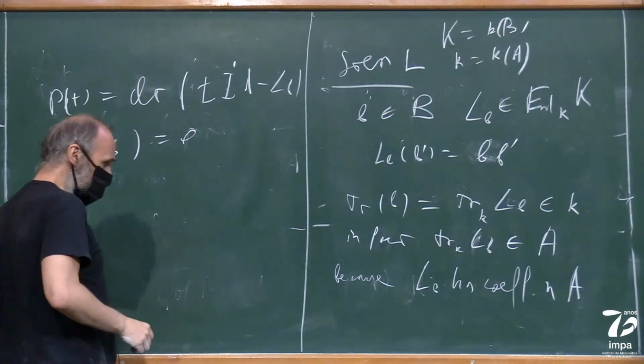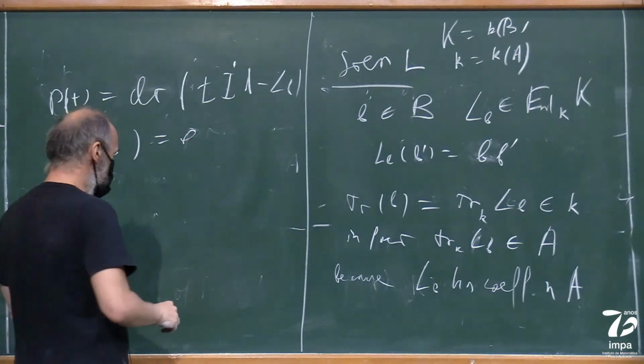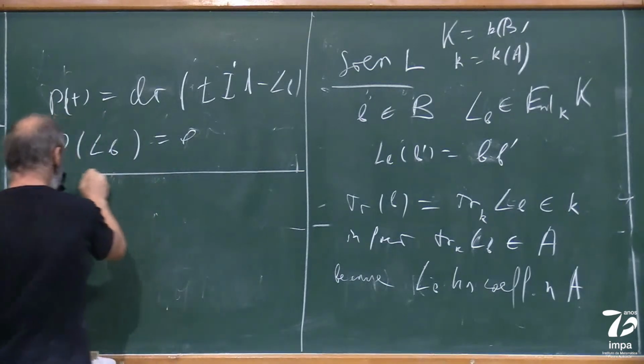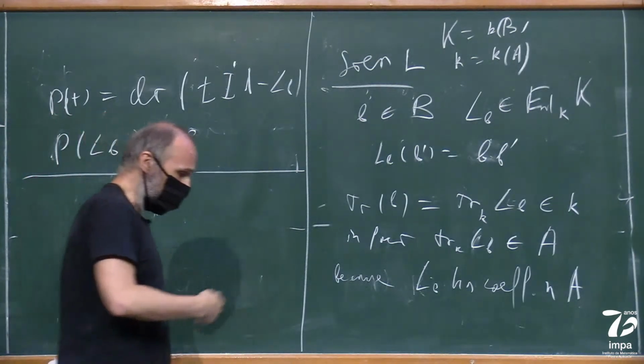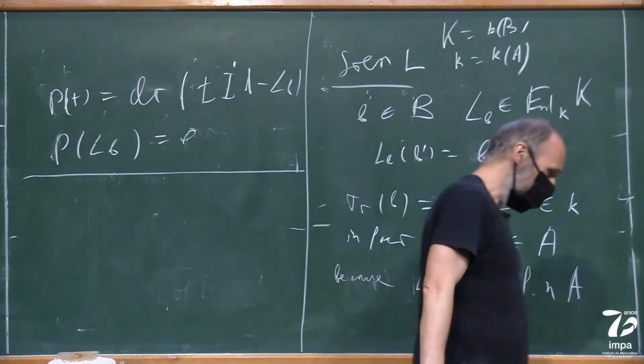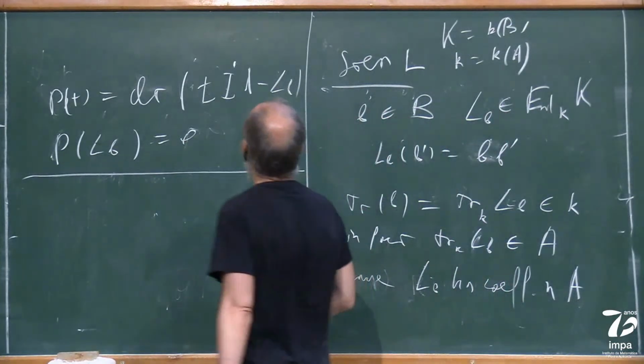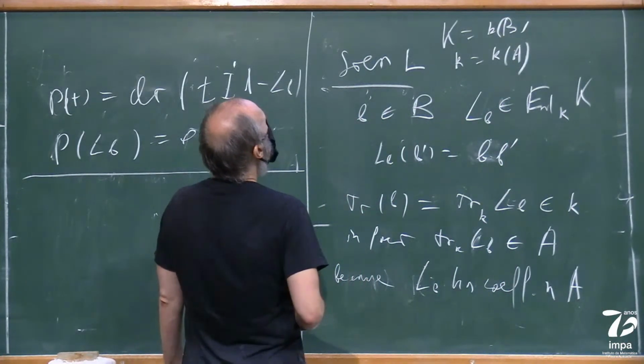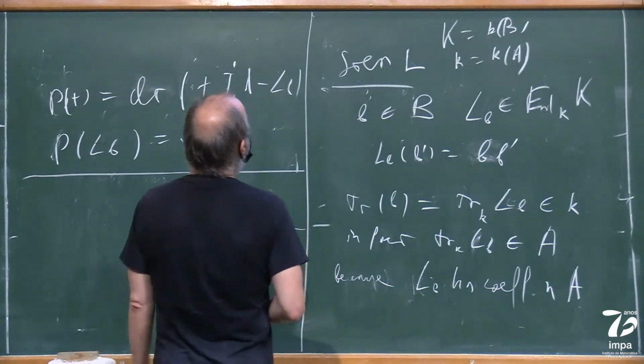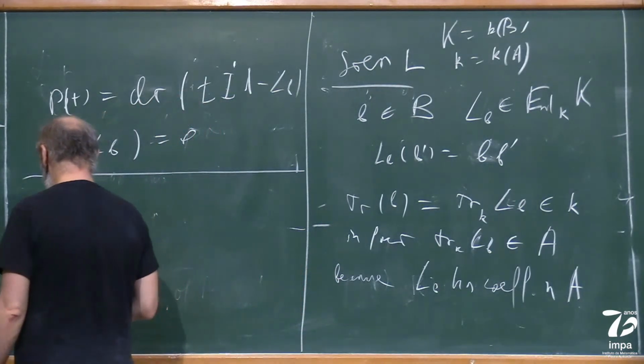And then you can use it to prove that coefficients are integral over A, and then A is integrally closed in itself. But I think this is easier. Okay, the other observation is that trace is non-degenerate.